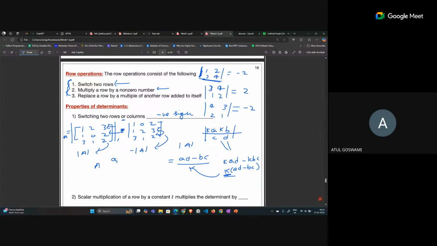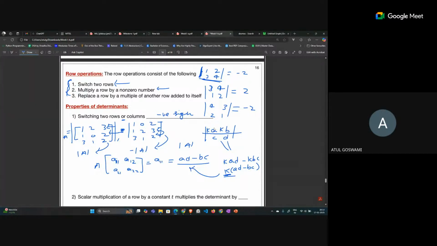A11, A12, A21, A22. So if I interchange these two values, changing row to column, then it will become the transpose. Yes, that is a simplified form.